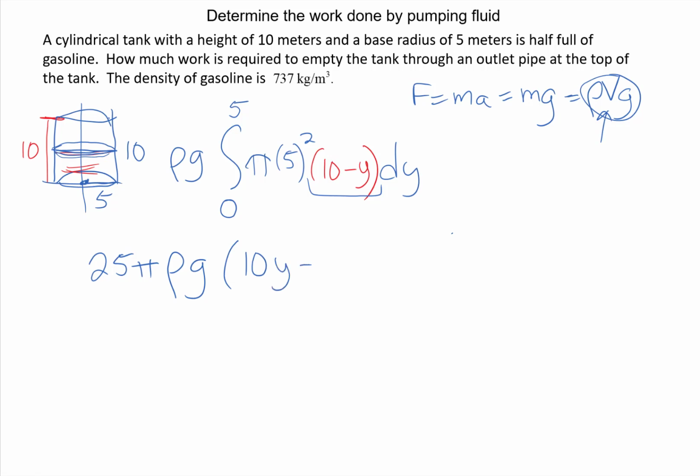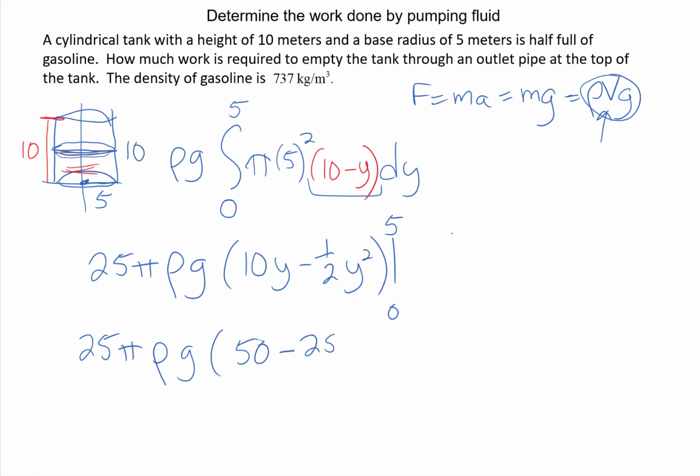That's going to be 10y minus 1/2 y squared, evaluated from 0 to 5. So I've got 25 pi rho and g, and then putting in 5, that's 50 minus 25 halves, and then when we put in the lower limit of 0, those are both 0.